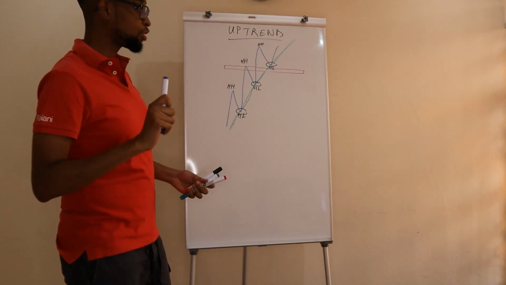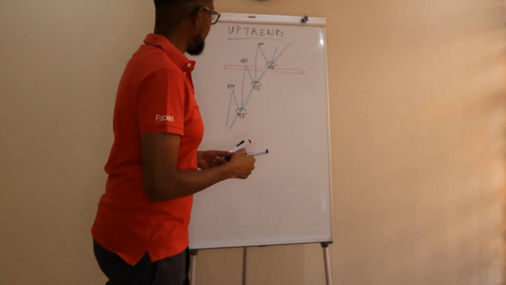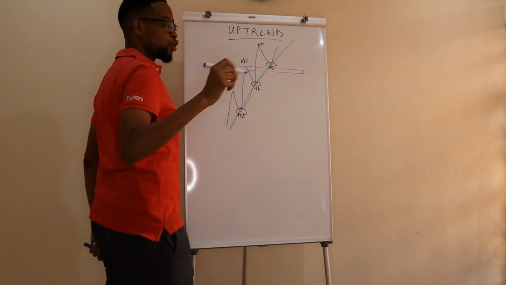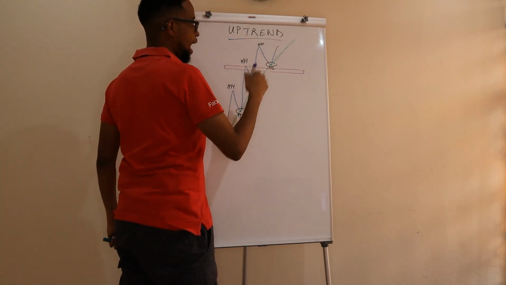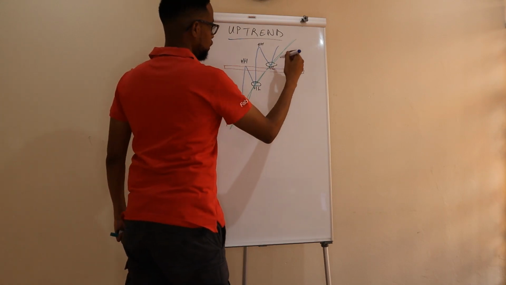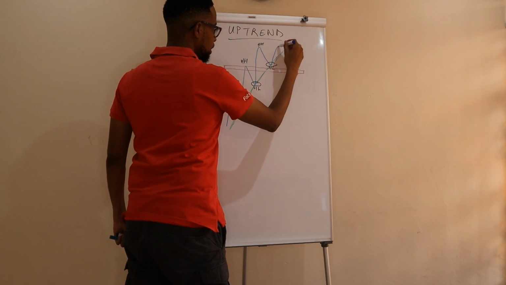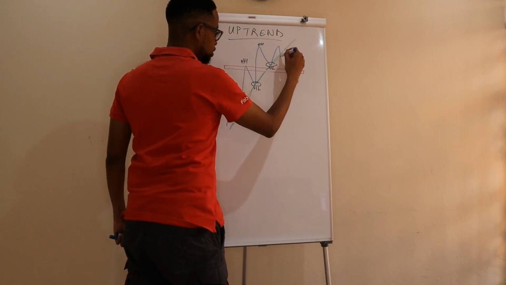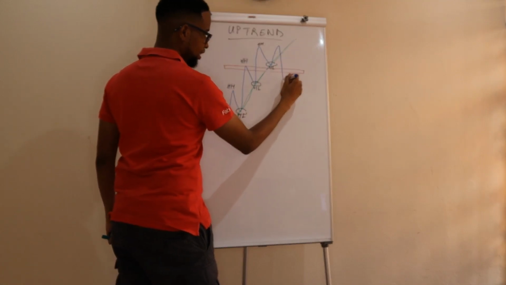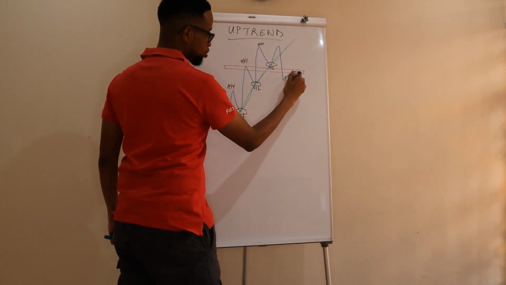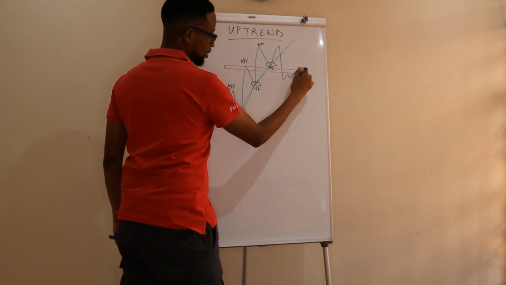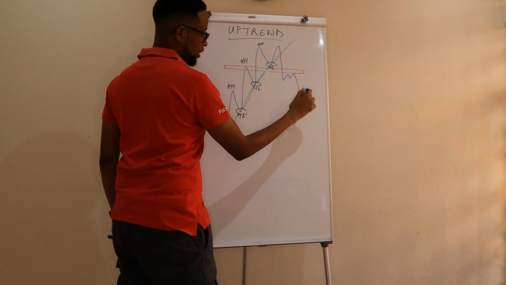Most people tend to make a mistake when the market breaks this line. For you to say that we are now moving in a downtrend, this level needs to break, and then it comes back and retests.